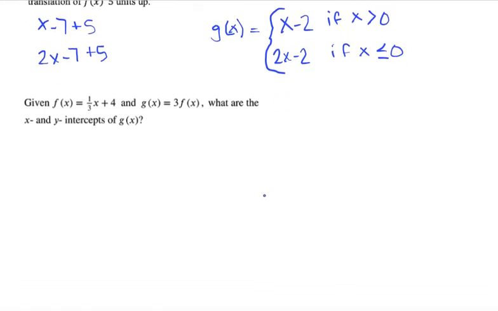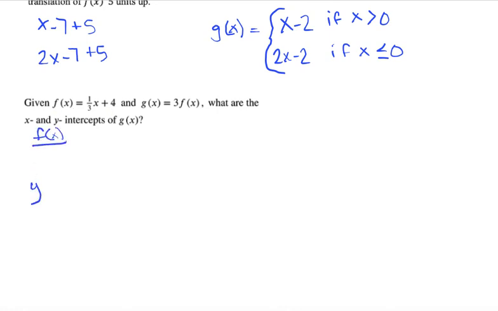And the last one here is where we talk about the x and y intercepts. So first you have to figure out the x and y intercepts of f of x, and then when the transformation is done to it, it's called g of x, and you need to figure out the x and y intercepts of that. So my y-intercept, so I'll do my f of x.